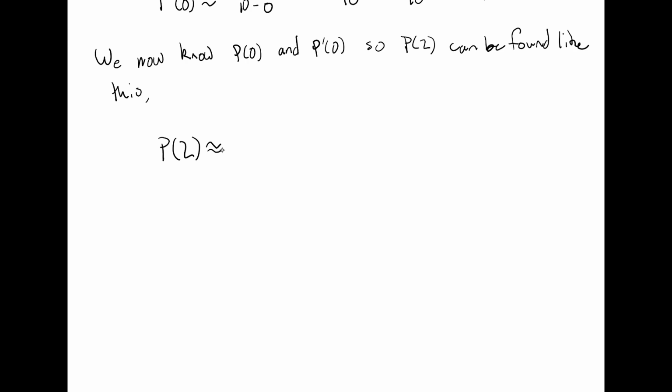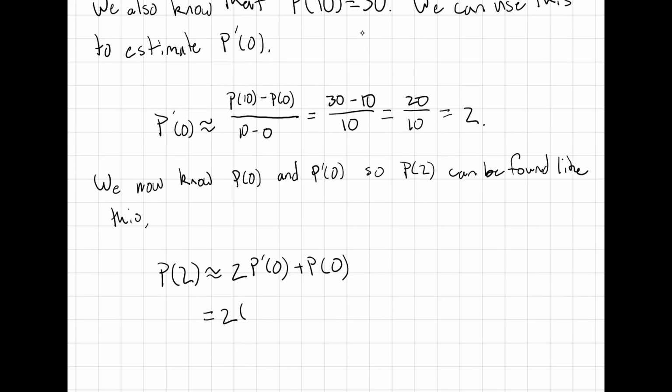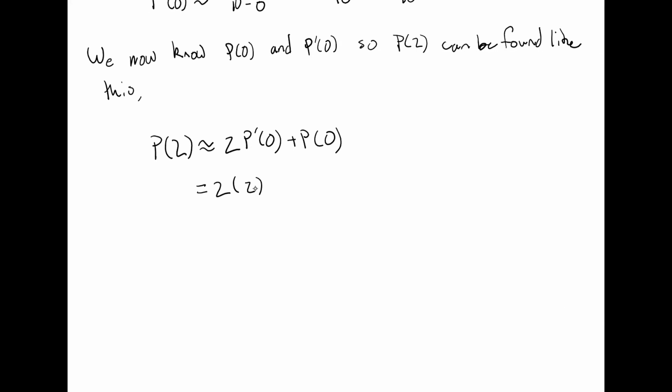So our a would be 0 and our h is 2. So that is 2 times p prime of 0 plus p of 0. P prime of 0 is 2, as we estimated, and p of 0 is 10. We are more mature mathematicians than that. I'm going to just jump the gun and say that's 14.